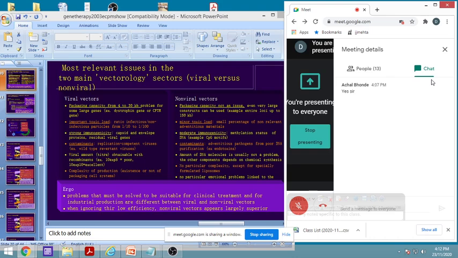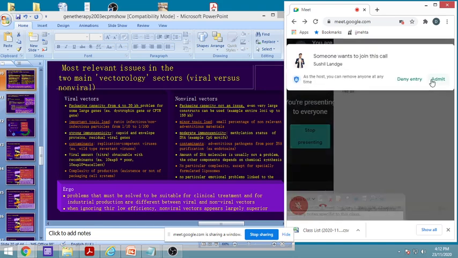Then strong immunogenicity: in viral vectors, capsid and envelope proteins and residual viral genes are present, so they can show strong immunogenicity and bring out very strong immune reactions. While non-viral vectors can show moderate immunogenicity; with some, such as methylated DNA, it can be strongly immunogenic.